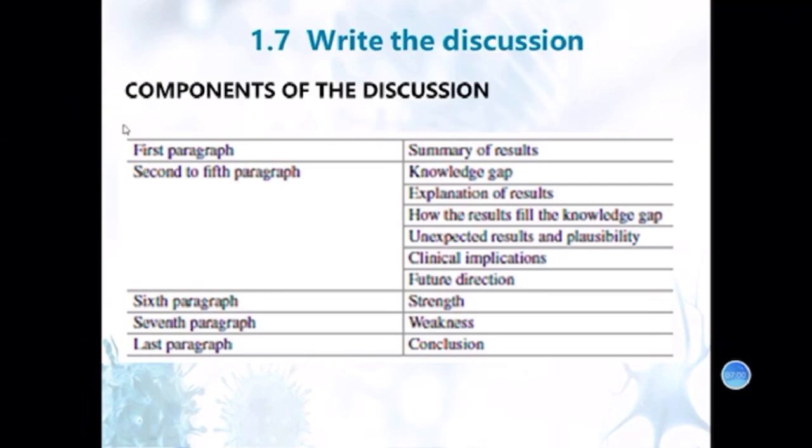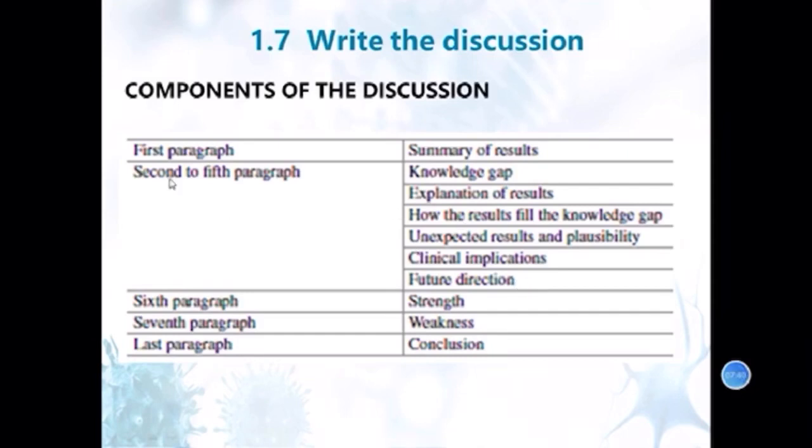So, the discussion part is usually composed of about 8 paragraphs. The first paragraph is a summary of the results. From the second to fifth paragraph, you should show things like the knowledge gap, implementation of results, how the results fill the knowledge gap, and unexpected results, plausibility, clinical implications, and future directions.